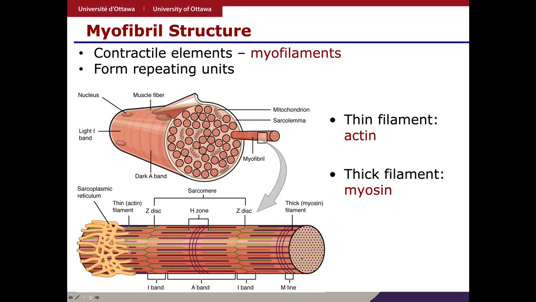Myofibrils are composed of an array of thin and thick filaments, which themselves are made up of the contractile proteins actin and myosin, respectively. The overlapping arrangement of myofilaments within a myofibril creates a pattern of alternating light and dark bands, the I bands and A bands, respectively.